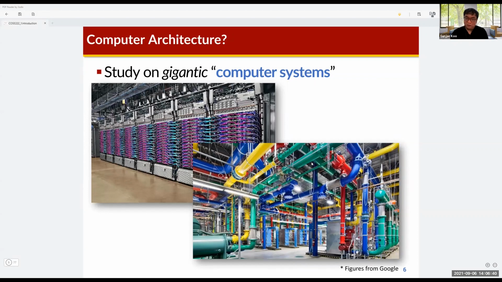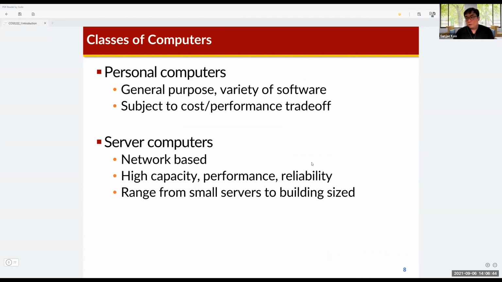Okay, so we are using computers every time. Actually, computer hardware has various forms, and computer hardware is designed for specific purposes. If we build a personal computer system, we just focus on performance. Performance means how can we run our program faster?